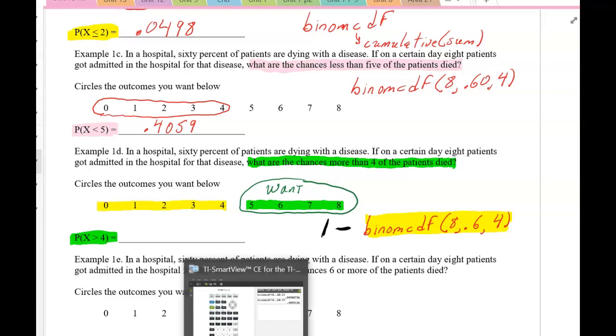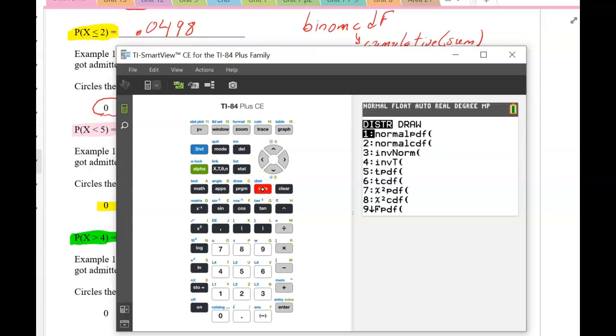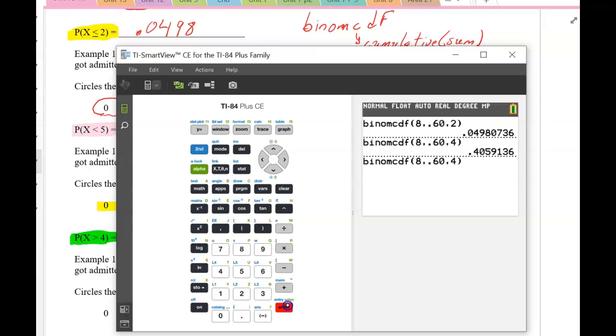So let me show you how to do that. So we're going to go second vars. You're going to scroll up or down to binomial CDF. A shortcut, you can press alpha B. And we're going to have 8, 0.6, 4. We're going to enter a couple times and get that answer.